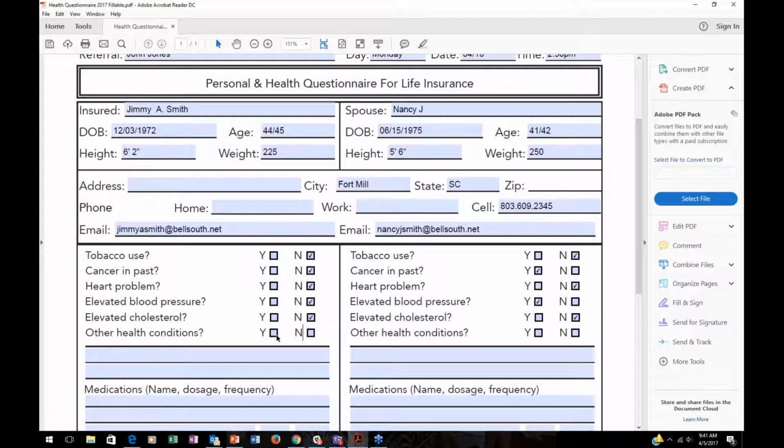If they do give you a yes answer, then we're going to need to know exactly what they are. You've got a little bit of space here. We're going to say that she has sleep apnea. So that's going to be something else we're going to need to discover in our basic underwriting, what type of an effect that could have on her.